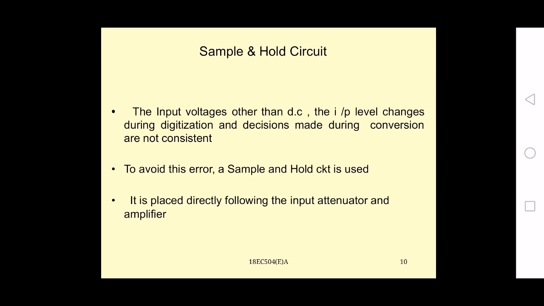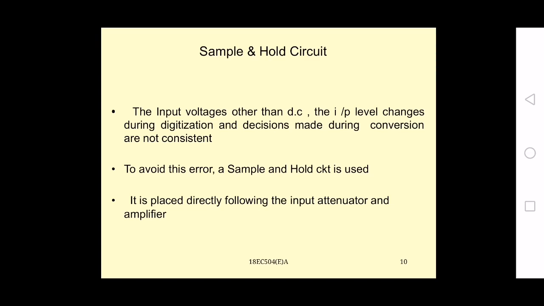So whenever we apply voltages other than DC voltages, the decisions made during conversions are not consistent. For avoiding this conversion error, we are applying the sample and hold circuit in the input stage.